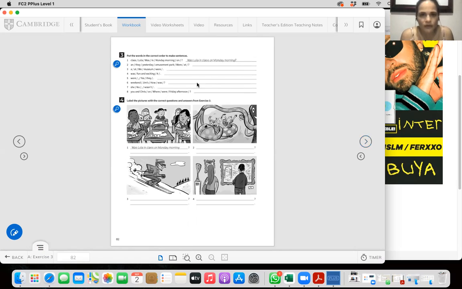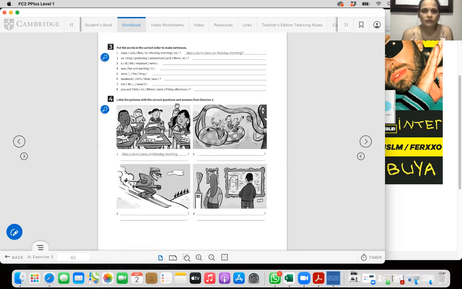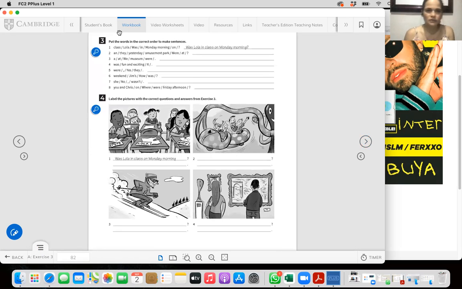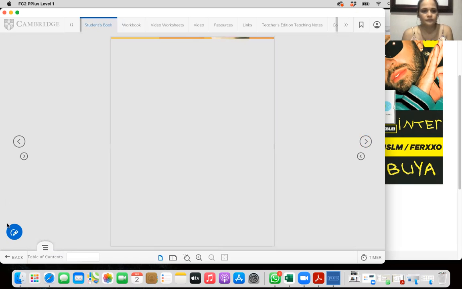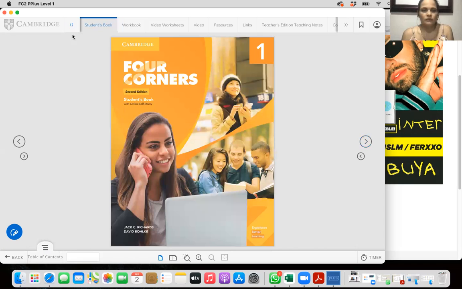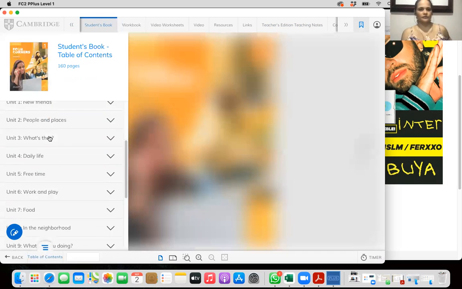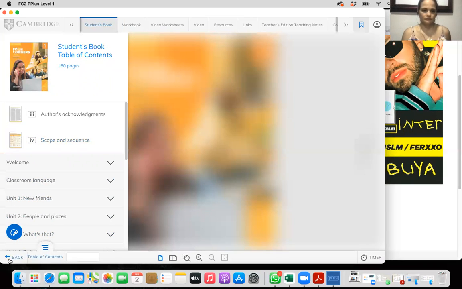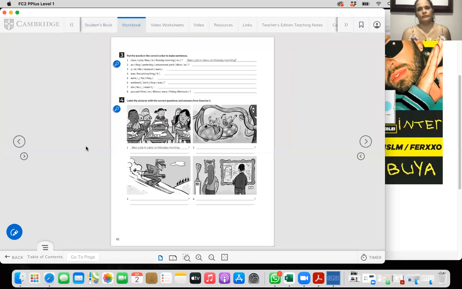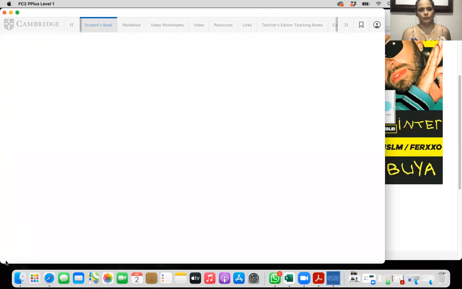And then we're going to go over here and you're going to make page 82, which is, oh, this is not your book. Hold on. Where's my other book? Hold on. Nope.